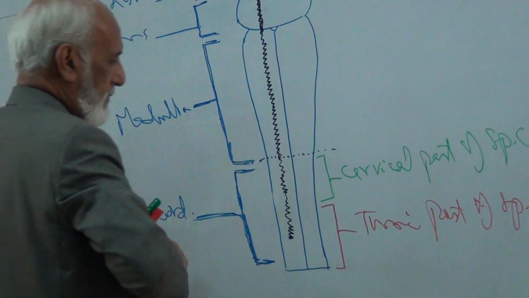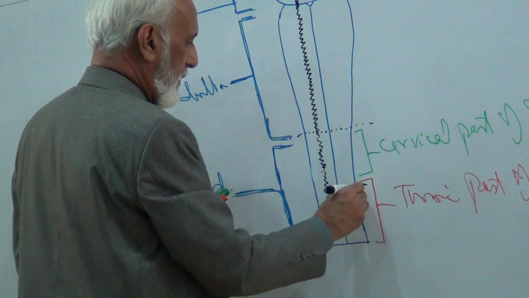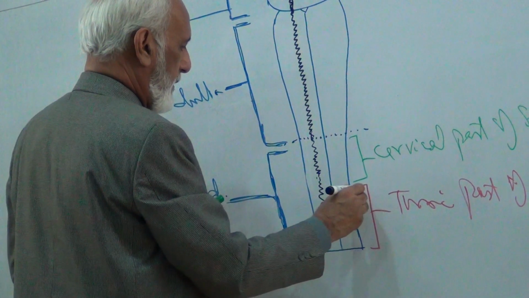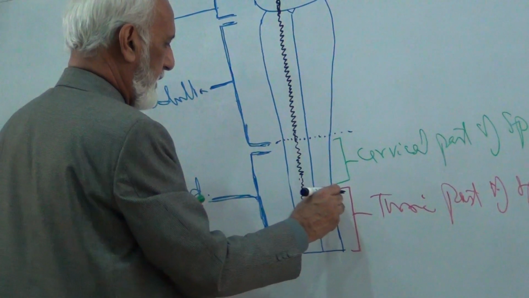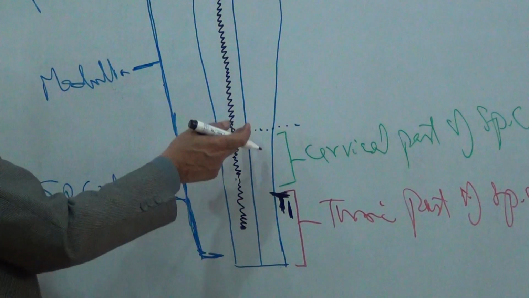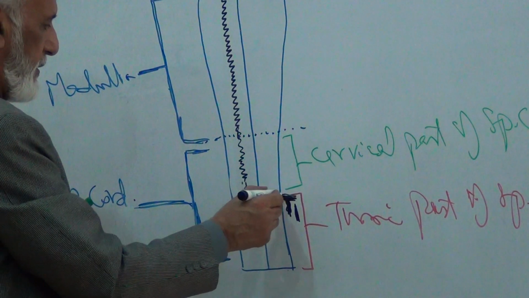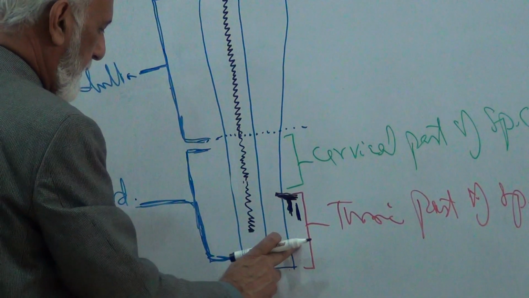Now here starts T1, the first thoracic spinal segment. When the cervical segments end, then it starts with the T1 segment.